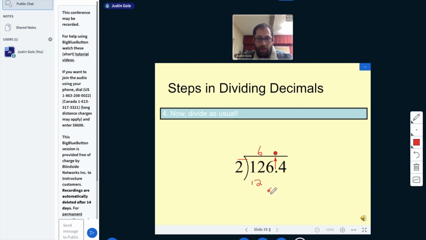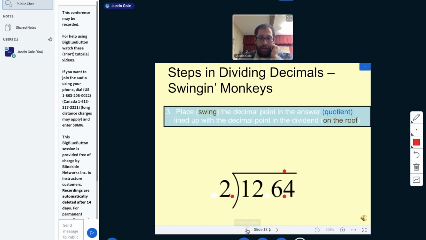Now does 2 go into 6 down here? 3 times. And then there's nothing left over. Nothing carries over here. And does 2 go into 4? It does twice. So our answer should be 63.2.